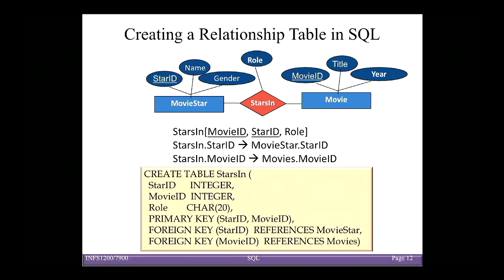The only thing I can reference is the primary key. Therefore, you don't need to say it. So in this example, we've got the create table, the name, the attributes, the primary key, and foreign keys. Any questions?